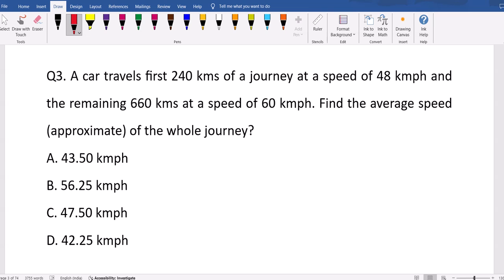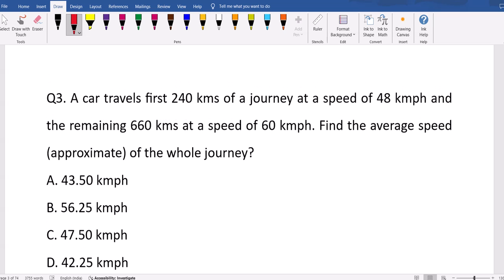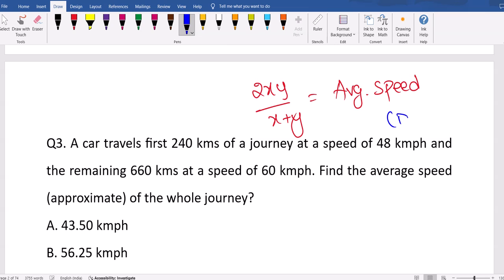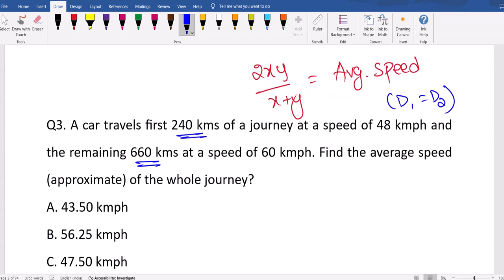Don't go for the formula given in your textbook, 2xy upon x plus y, average speed when two speeds are given. But my dear friend, this is wrong. This is applicable only when distances are same, D1 and D2 both same. But here distances are 240 and 660. So don't go for any other formulas.